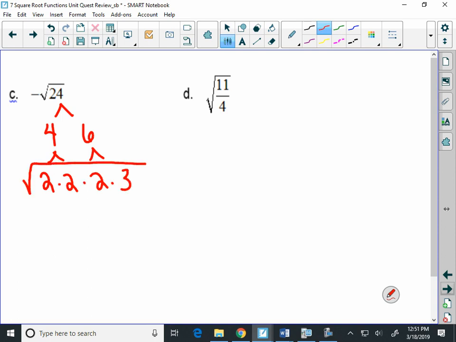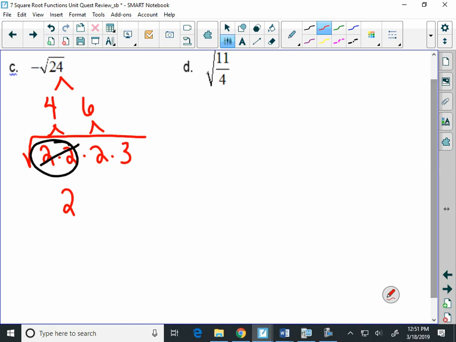And once again, we need 2 of the same value to take out 1. 2 of the same value to take out 1. We have a single 2 and a single 3 left underneath the square root, and that's going to give us 2 times 3, which is 6. And lastly, there was a negative outside of the radical, so we need to keep that negative outside the radical.